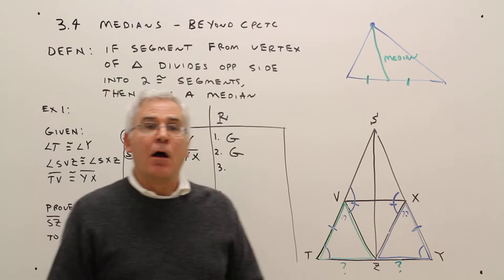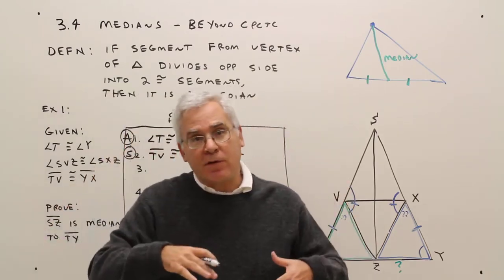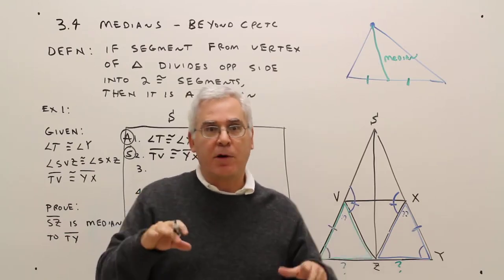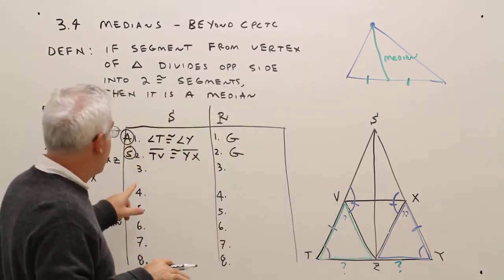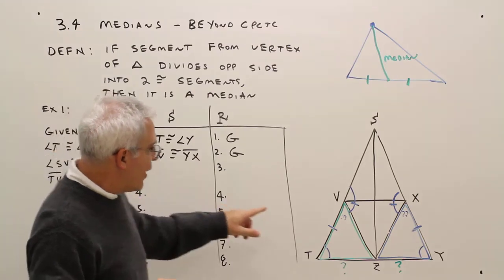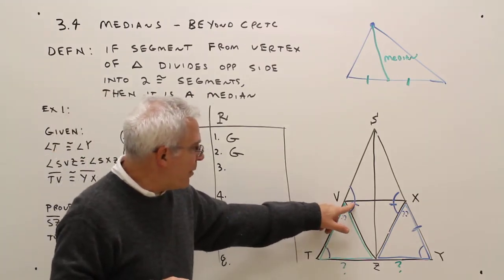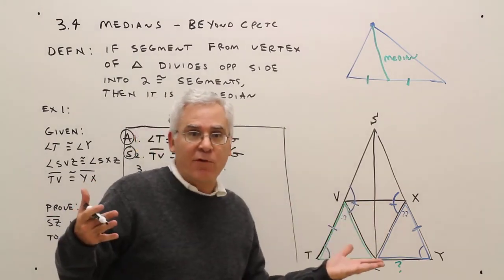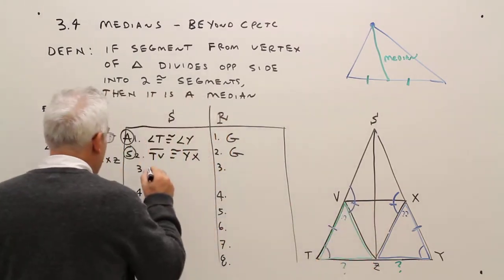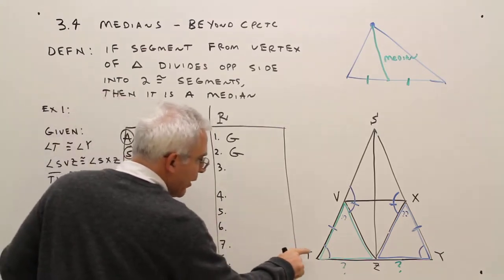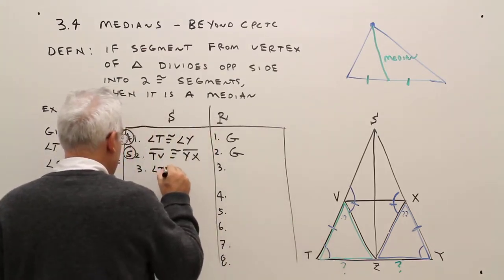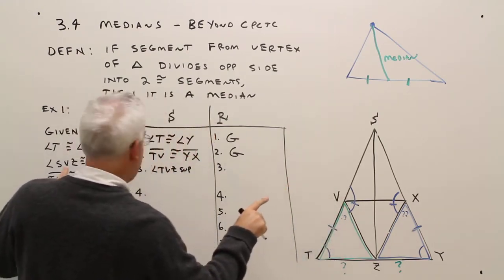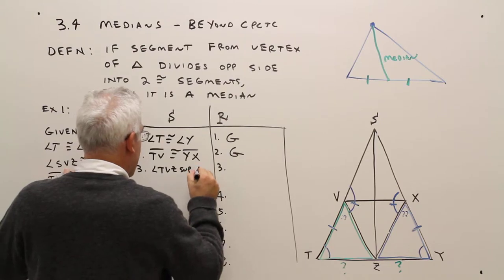Now we're going to do that work. And remember, from now on, we don't have to say, assume from diagram we got the straight angle. We're going to be beyond that. So I'll show you right now. So for 3, I'll just start with this angle being supplementary to this angle, and this angle supplementary to that angle. If 2 angles form a straight line, then they're supplementary. All right, so angle TVZ is sup to angle SVZ.